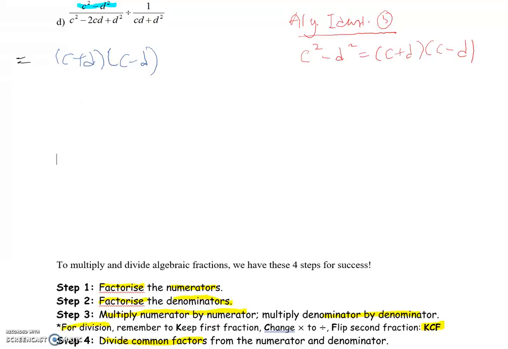So for the first fraction, notice that the denominator is c squared minus 2cd plus d squared. We notice that for this denominator, we can actually use the second algebraic identity.